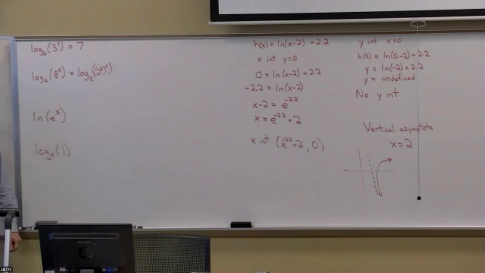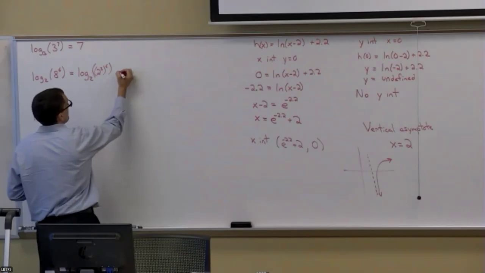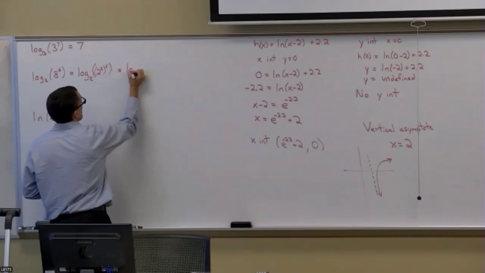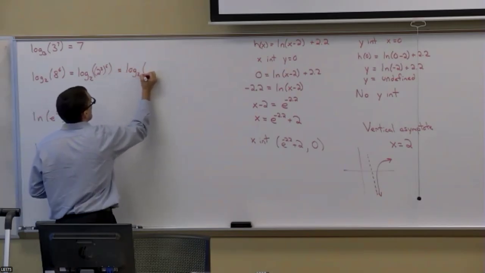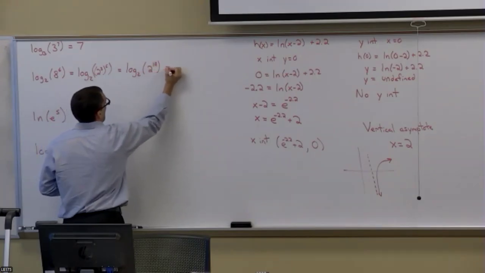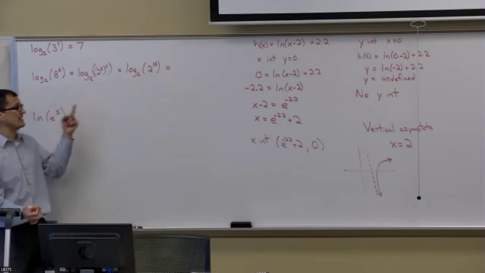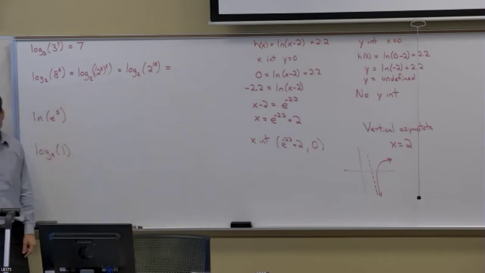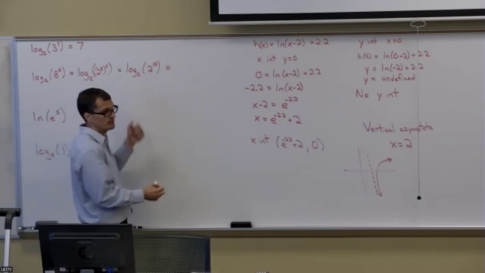Is everybody okay with knowing 8 is 2 to the 3rd power? And then my power rule of the exponents says that's log base 2 of 2 to the 18th power, and the property I just looked at tells me that's 18.